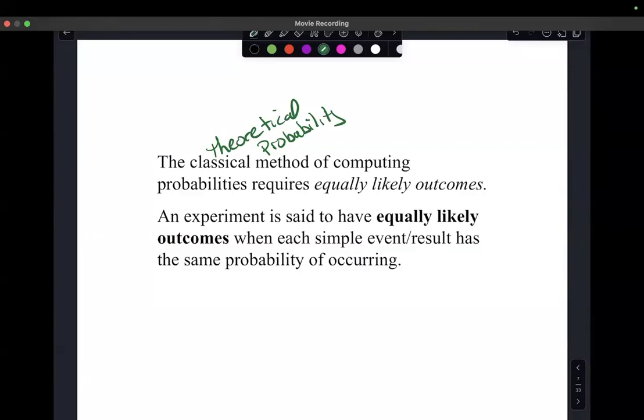I kind of like it better, but maybe it's just because I learned it calling it theoretical rather than classical. We have to have equally likely outcomes. Our rolling pigs or how people travel to work, those aren't equally likely outcomes. So you have to have equally likely outcomes, and then we can use that for our probability.